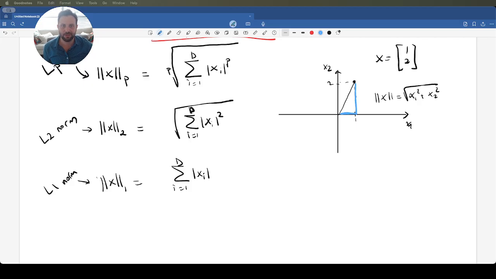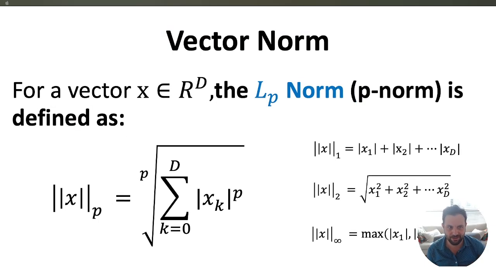More generally, we're talking about the vector norm, the LP norm. Again, the boring formula that I shared: the L1 norm is nothing but summing the absolute values, the L2 norm is the square root of the sum of the squares, and the LP norm is just like shown in the formula.